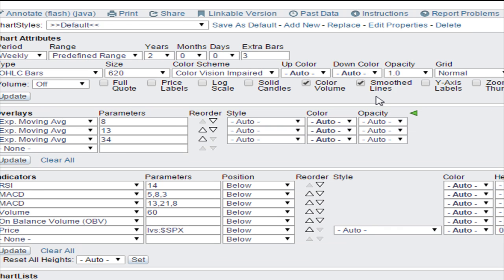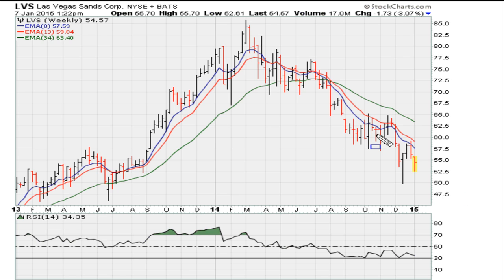The other one is LVS, Las Vegas Sands, which we have been short throughout this period here. We've been short that name, and it's very simple why. If I take a look at this weekly chart, you can see that we have a bearish crossover between the 13-week moving average and the 34-week moving average.